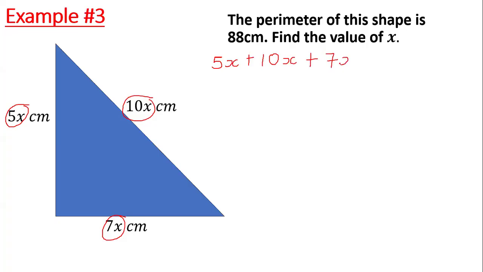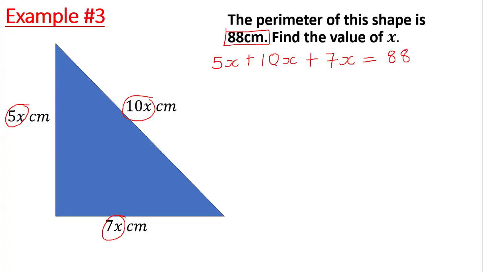Excuse me. I get 4. You get 4? Oh, very good. So we're gonna set this equal to what? Class, we're gonna set this equal to the perimeter, which is 88. Very good, set it equal to 88.